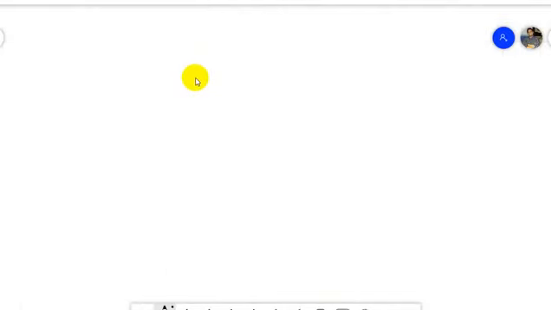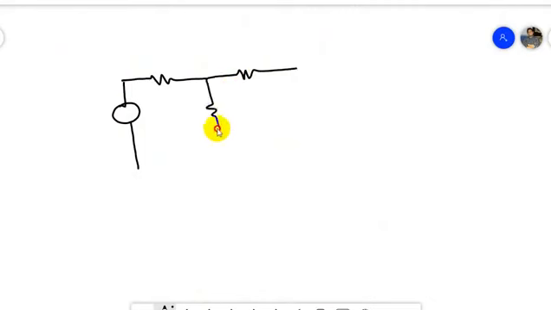So here it is 12 volt, here it is a resistance, here it is a resistance, and this is the ammeter.